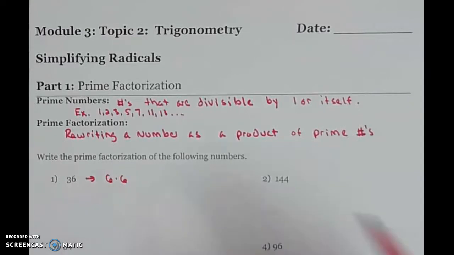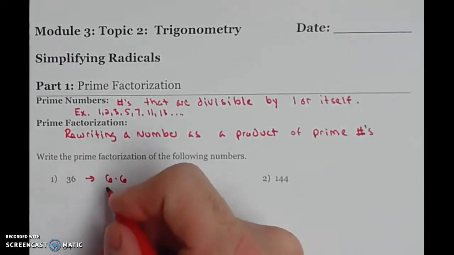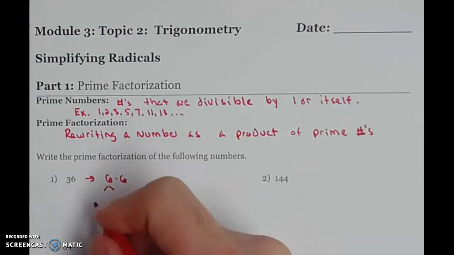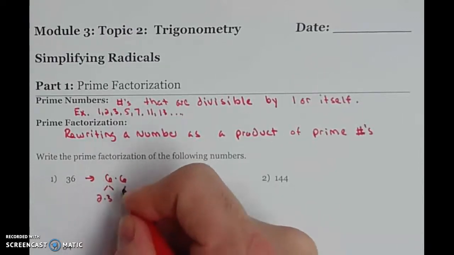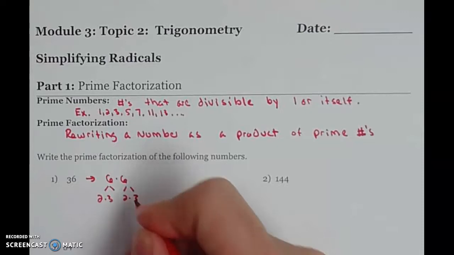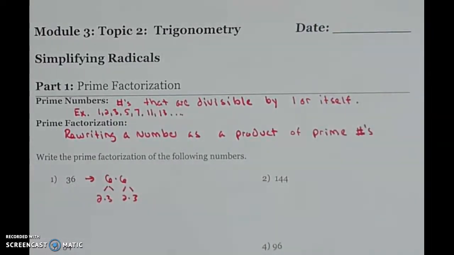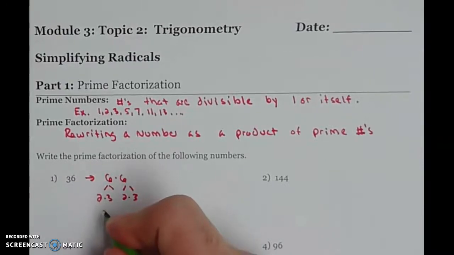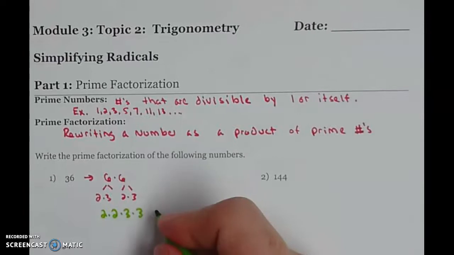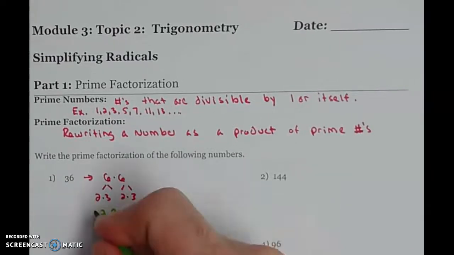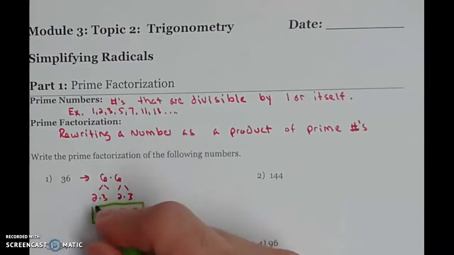The 6's are not prime, so we keep on breaking it down. 6 gets me 2 and 3, and this 6 gets me 2 and 3. So overall, I have all prime numbers. 2 times 2 times 3 times 3 will all equal 36. This would be your prime factorization.